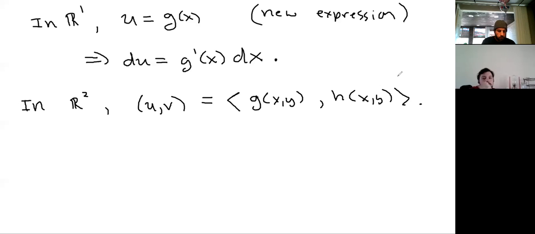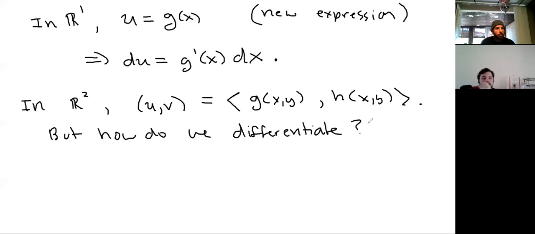Here's the thing. If we think there's going to be an analogy like there is in R1, where the differentials du and dx are related using some derivative, well, here, what are we going to differentiate? We have g and h, but then we also have two variables, x and y. Clearly, we would expect the partials to be involved, but the question is, how are they involved?